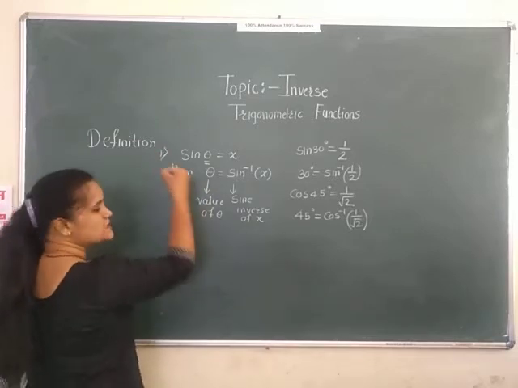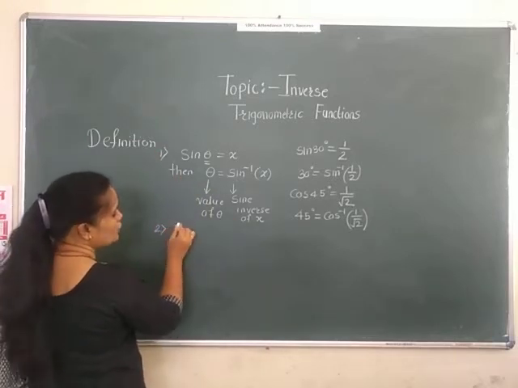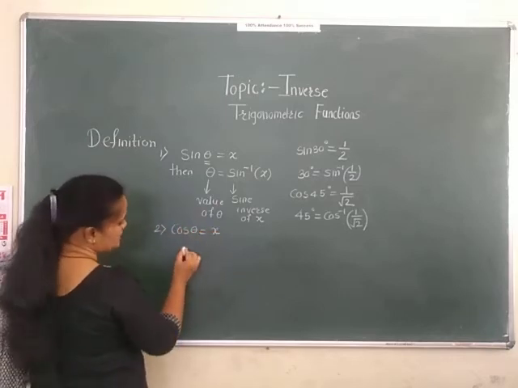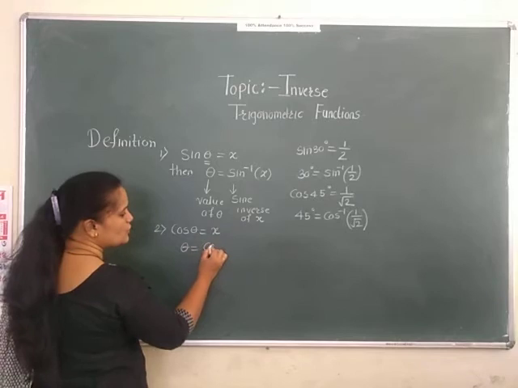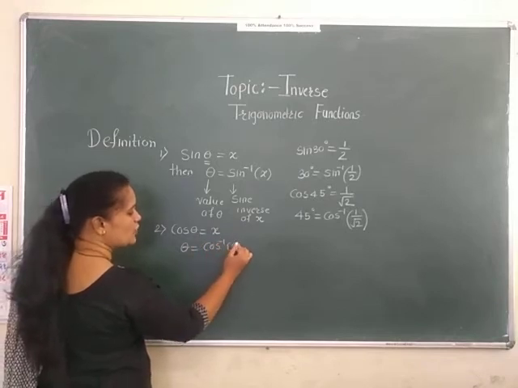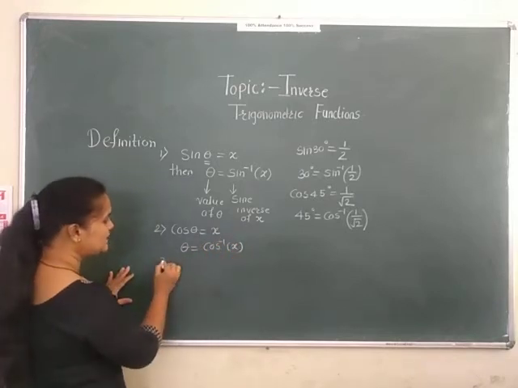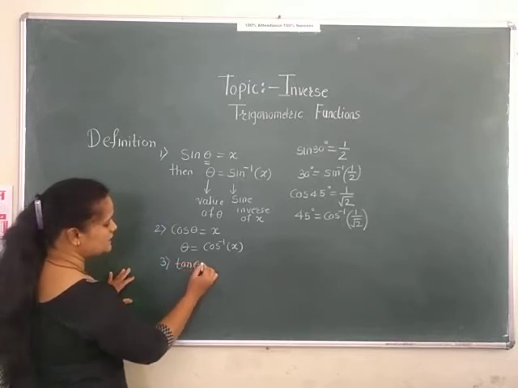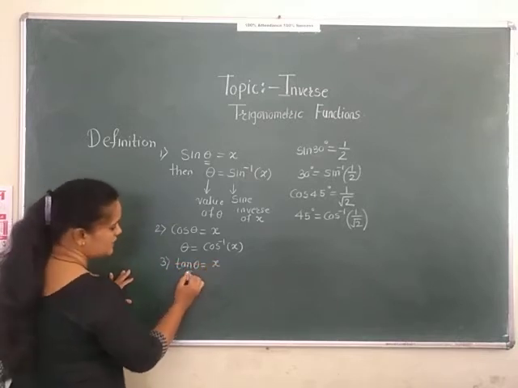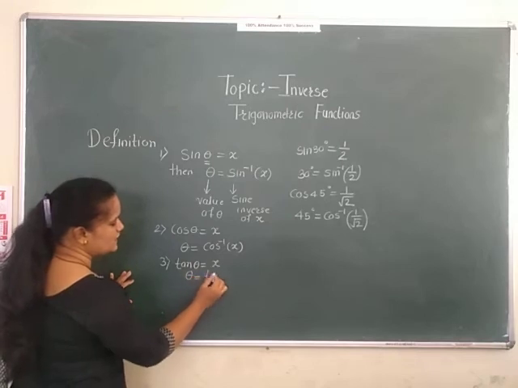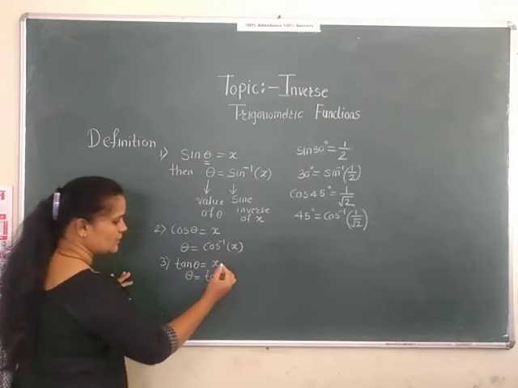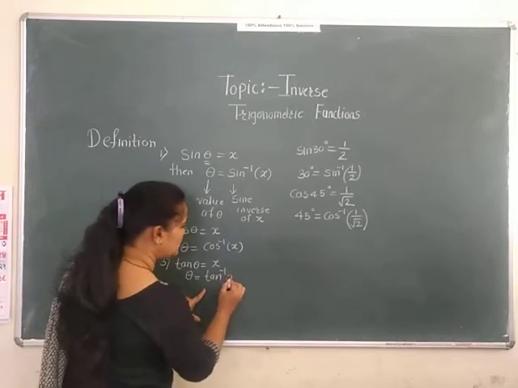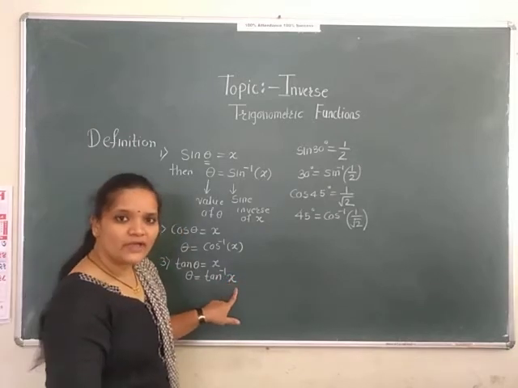This is for sine theta. Similarly for cos theta, if we write cos theta is equal to x, then theta is equal to cos inverse of x. Then the third one: suppose I write tan theta is equal to x, then theta is equal to tan inverse of x.